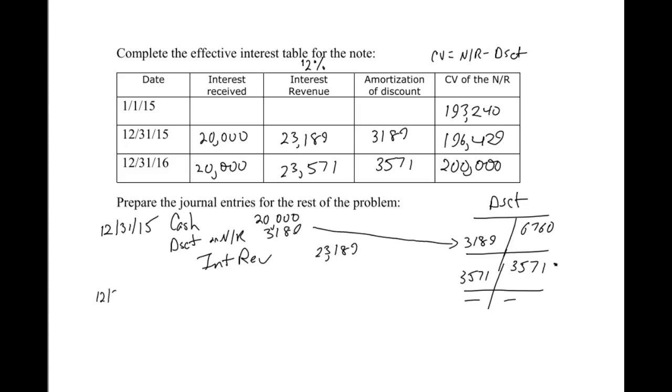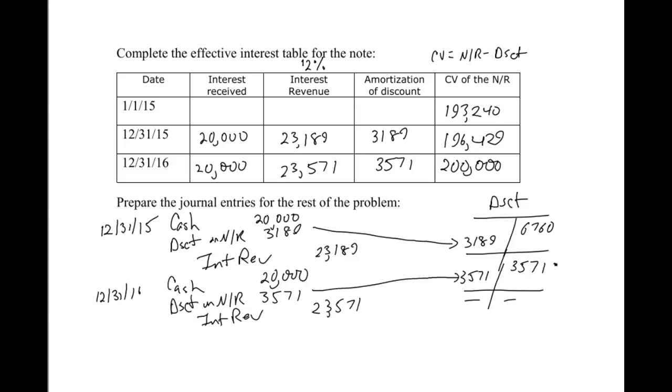On 12/31/16, we do our second year interest. So we have cash 20,000. We reduce the discount on note receivable by the 3,571. And we record the interest revenue for 23,571. So once again, that is the 3,571 right there.